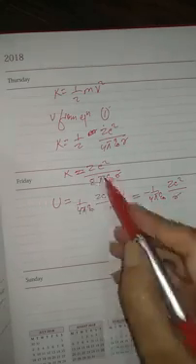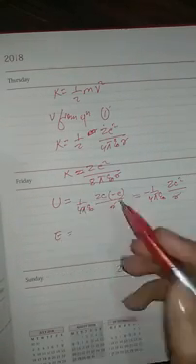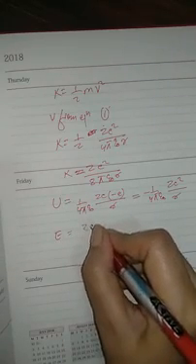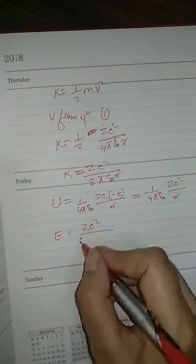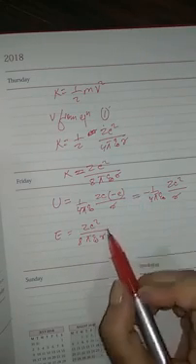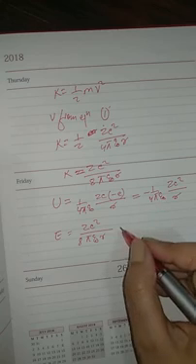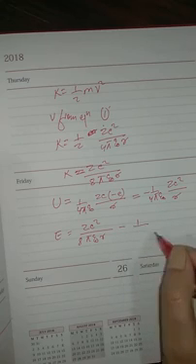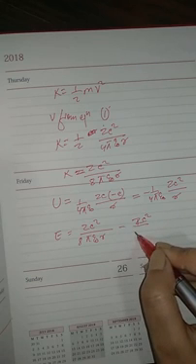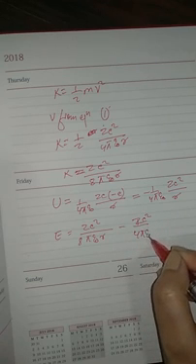Now if you add this, E is equal to K plus U. So we add Ze² divided by 8 pi epsilon naught r, plus, since here it is negative, minus Ze² by 4 pi epsilon naught r.